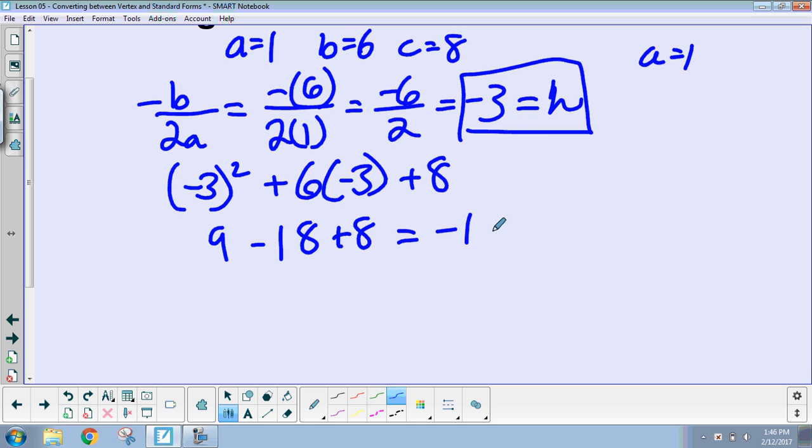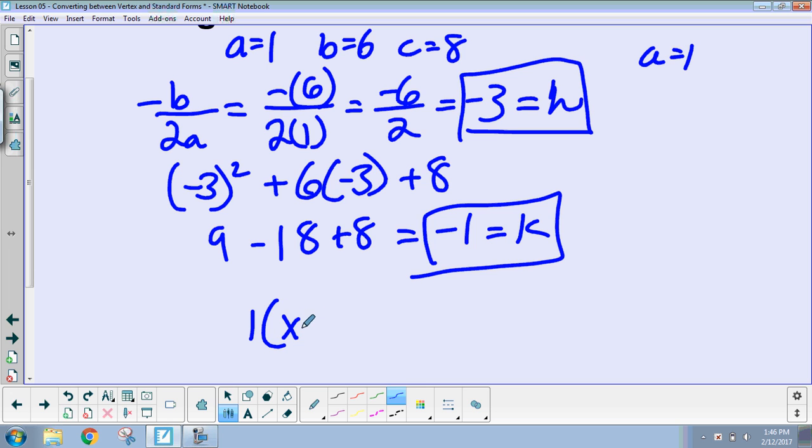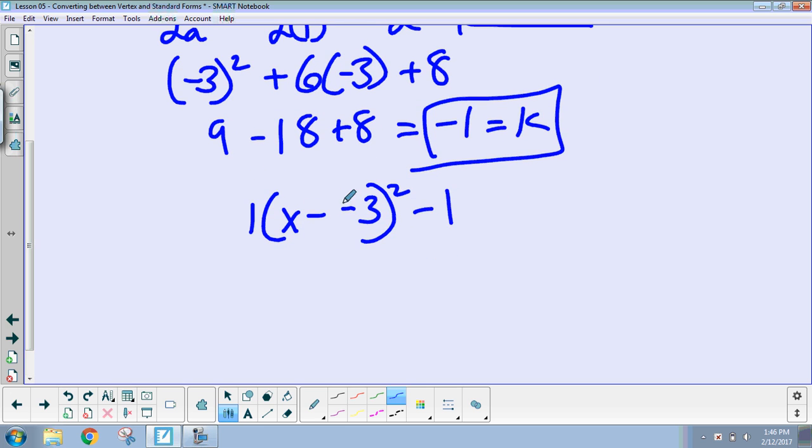Plug it all in. It was 1, parentheses, x minus 3 squared minus 1. Dress this up, that should turn into a positive. Remember, opposites. Strange things happen in parentheses. So there we go. Really don't need the 1 there.